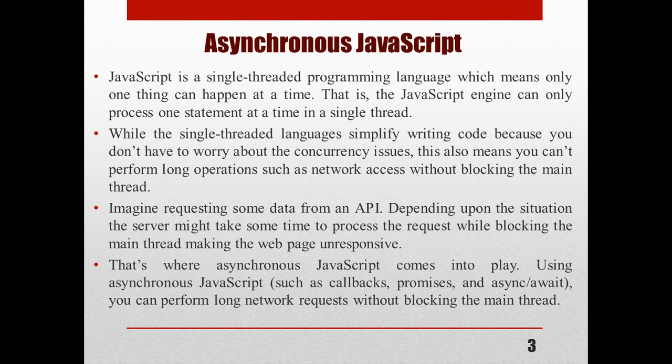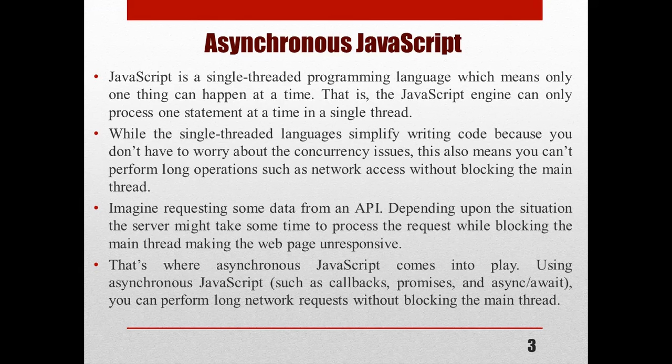Depending upon the situation, the server might take some time to process that request, blocking the main thread and making the web page unresponsive. So that is where asynchronous JavaScript comes into the picture.